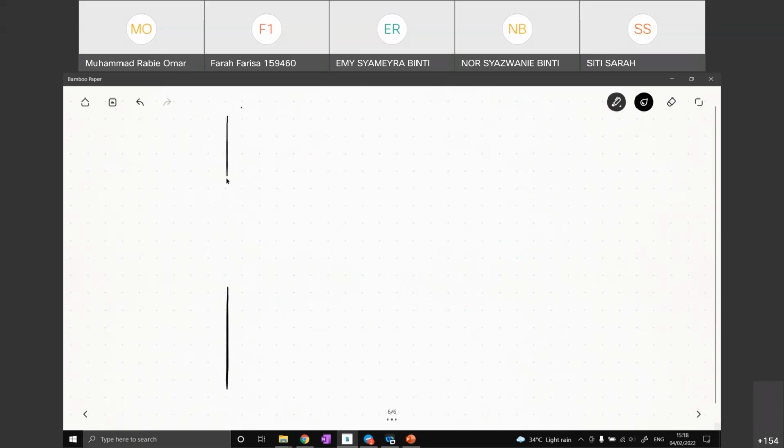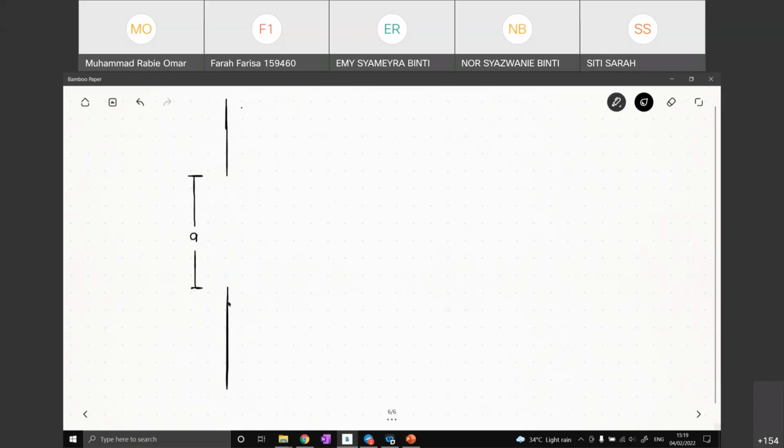The distance from here to here is the size of the slit, denoted as a, the width. The width of the slit is a. And this is the blocking material, from here to here.